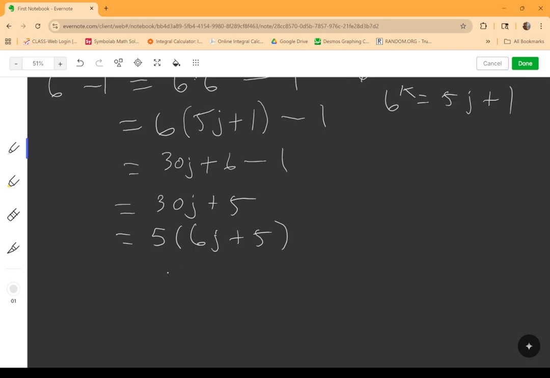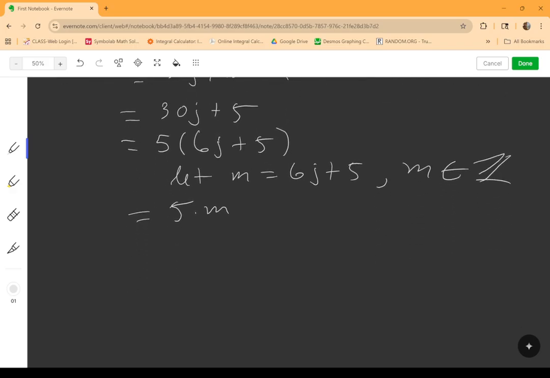And here we let m equal 6j plus 1. m is some integer, since we have a product of integers, and then we add another integer. So we have 5m, and now we have our desired result: P of k plus 1 is true.